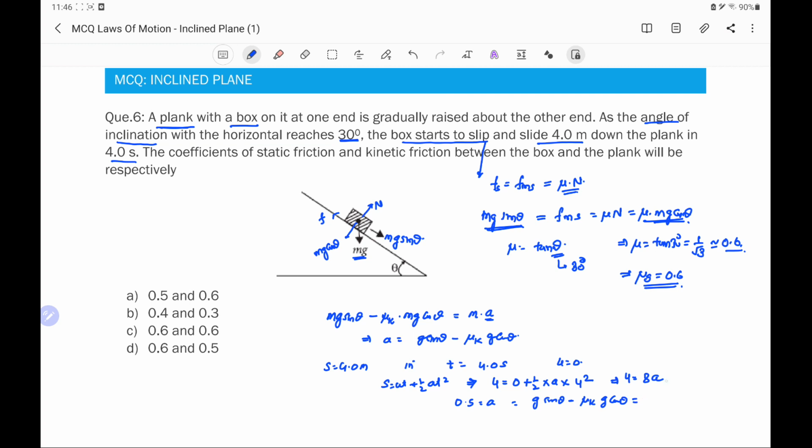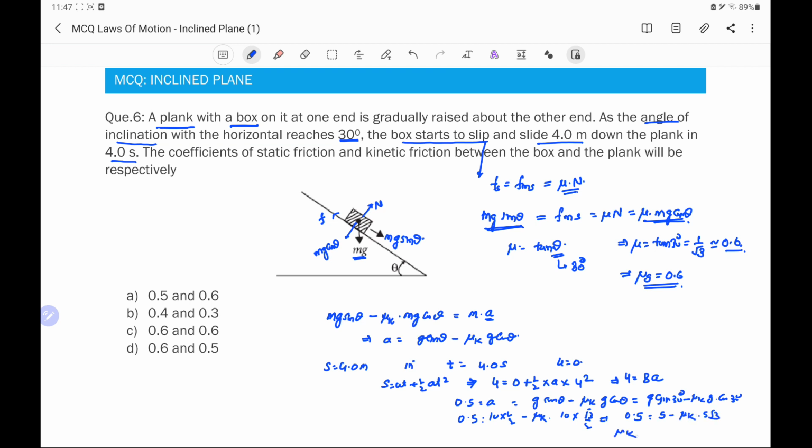Substituting the value of theta equal to 30 degrees, it is g sin 30 degrees minus mu k g cos 30 degrees. So substituting, 0.5 will be equal to, g is 10 and sin 30 is 1 by 2, so it is 10 into 1 by 2 minus mu k into 10 into root 3 by 2. So it is 0.5 equal to 5 minus mu k into 5 root 3.